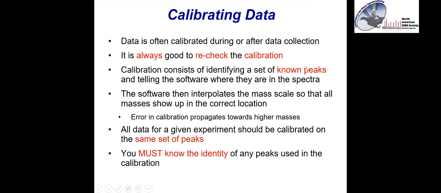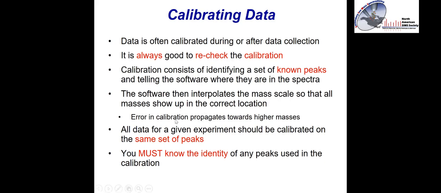The calibration consists of identifying known peaks and telling the software where they are, and then the software interpolates the mass scale to line up the masses in the correct place.